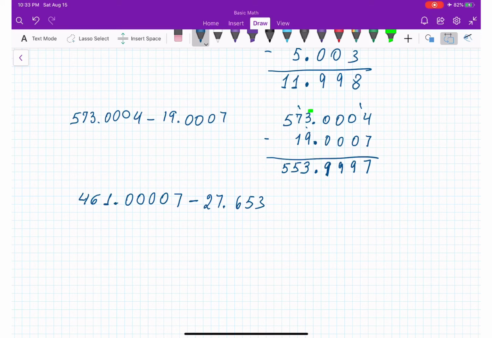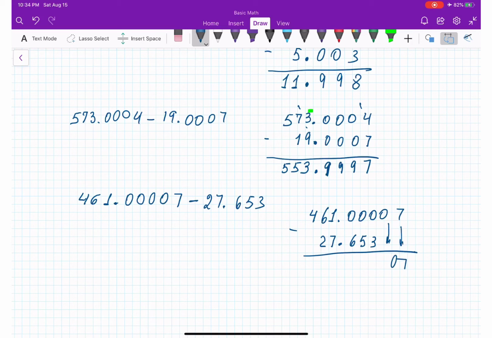Okay, 461.00007 minus 7, 2 here, 6, 5, 3. Since in the second number I have digits missing, I don't have 5 decimal digits, so the 7 just comes down here and will be 7. The 0 comes down here and will be 0.